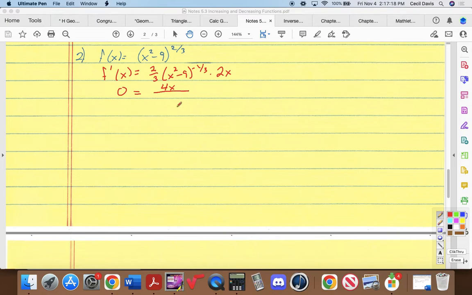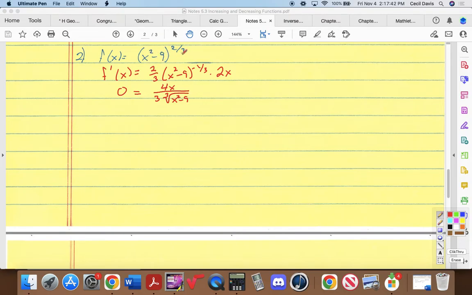That'll be 4x over 3 times the cube root of x squared minus 9. Notice the original function, you can put anything you want in this because we're taking the cube root.